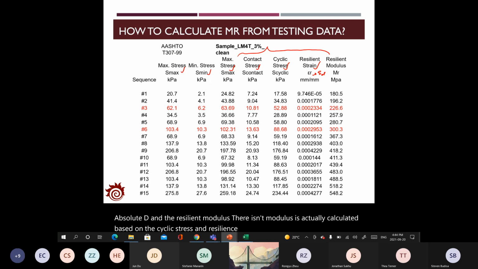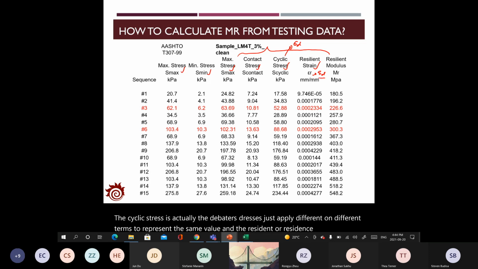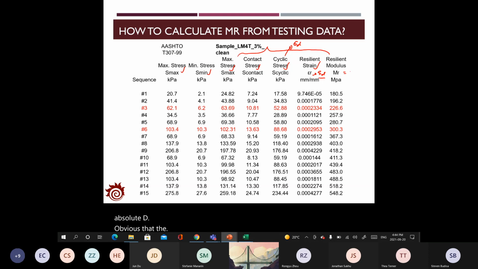So in this table, the cyclic stress is actually the deviator stress. It just applies different terms to represent the same value. And the resilient strain is epsilon d. With that, MR will be sigma d divided by epsilon d. That's the way for you to find out the resilient modulus.